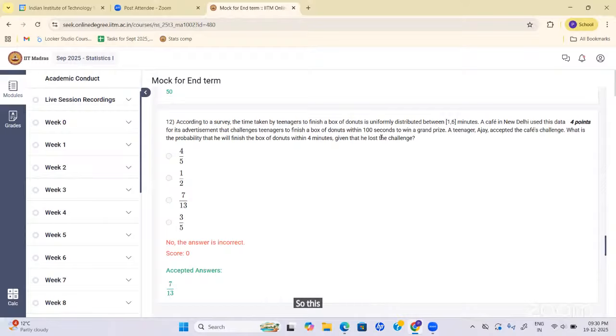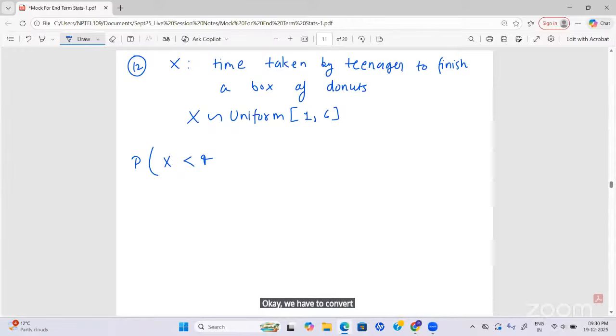So this is given in seconds, this is in minutes. So we have to convert both the things into the same units, either minutes or seconds. 60 seconds is equal to 1 minute.